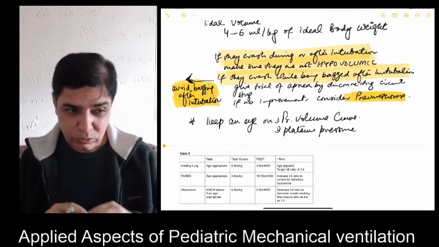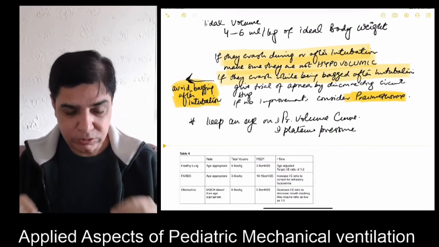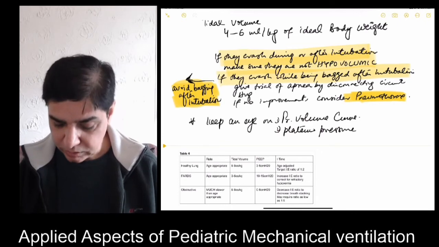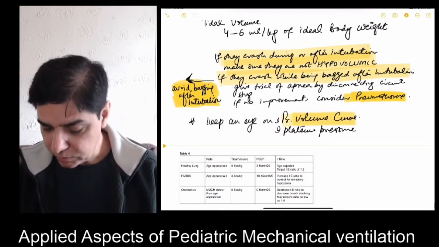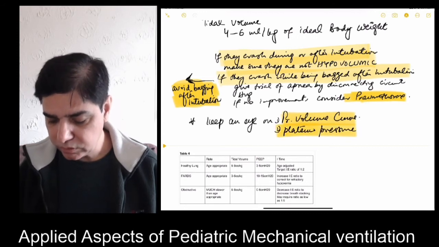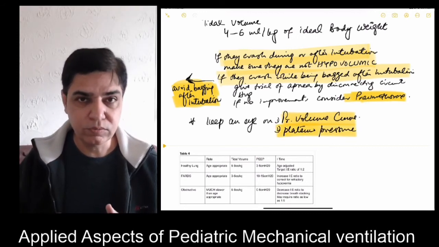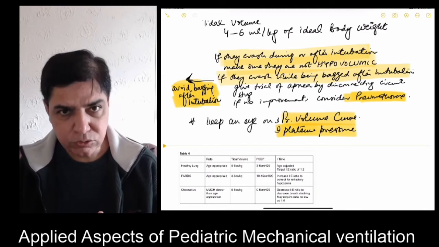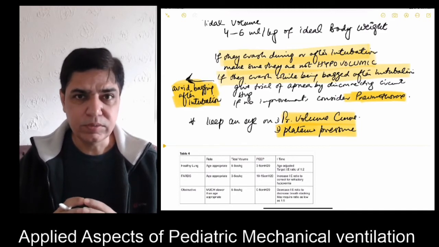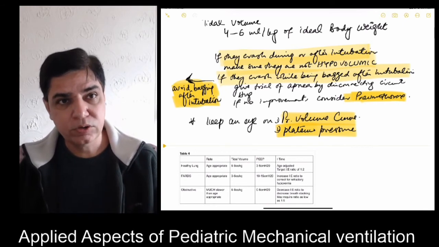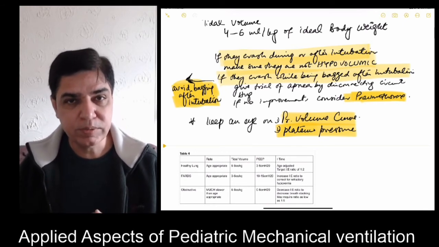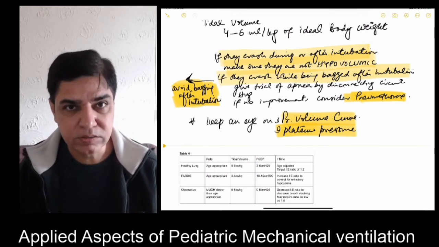Also, when you have connected, set up your parameters and everything, it's most important that every now and then you keep an eye on the pressure volume curve and the plateau pressure. So make sure that the volume of air which is going in is not too much, and the pressures are not too high, because if there are too high pressures that are needed, it simply means that there is loss of lung compliance and something is going on.